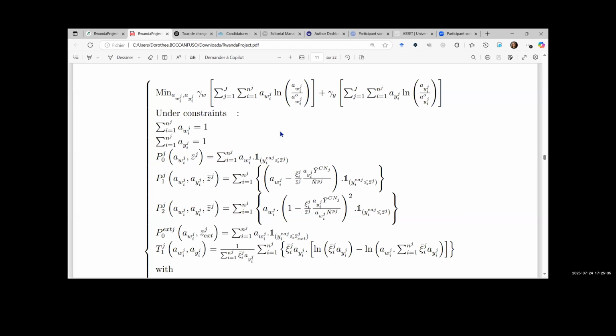Okay. The cross-entropy approach is an objective and mathematical approach. Here we are using one of our papers, Dorothy's and mine, just to give you an idea of what we want to do.